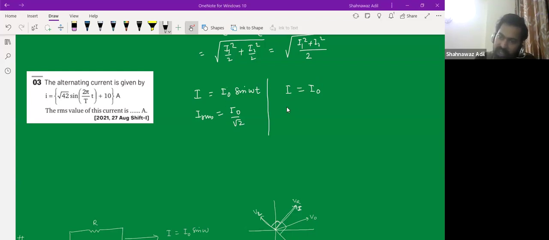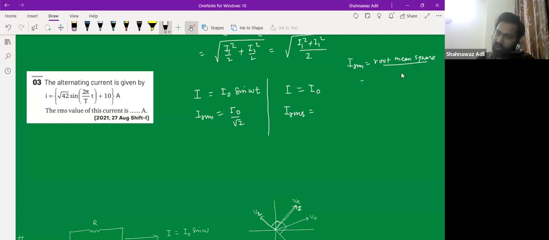So for DC current, RMS value would be how much? What do I mean by RMS value? So this is root mean square, right?